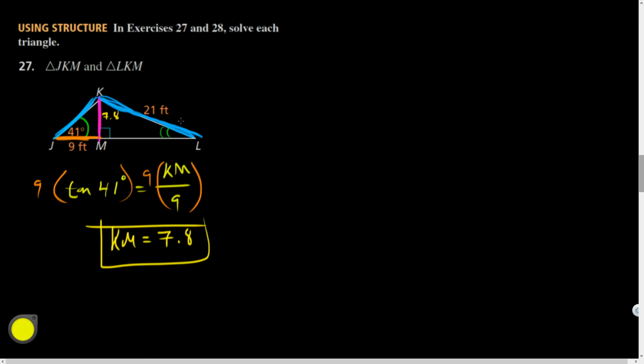Apparently, online, it might yell at you when you've used your own derived information sequentially, that error becomes more and more, so that eventually you're off by a tenth. So if I want to find angle L, 7.8 is the opposite, and 21 is the hypotenuse. What trig ratio compares those two things? Sine, yes. Sine of L is going to equal 7.8 over 21.